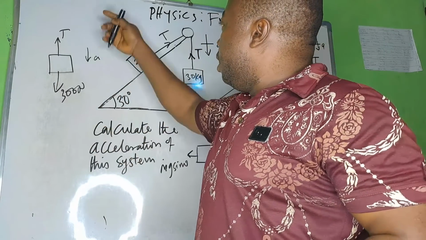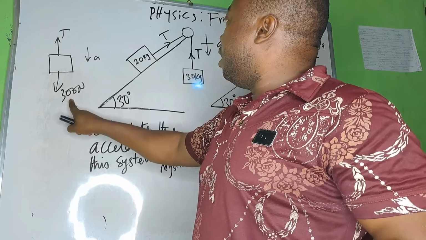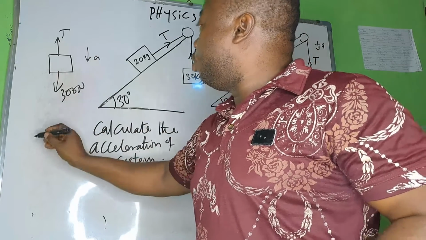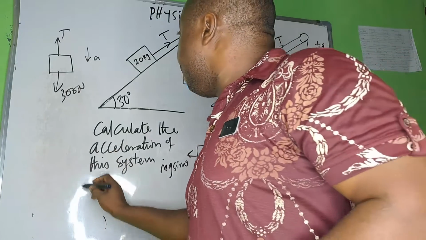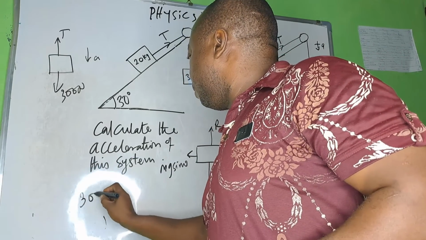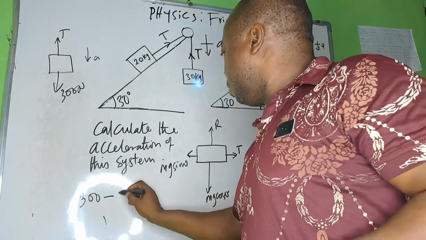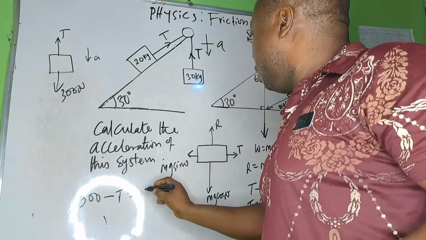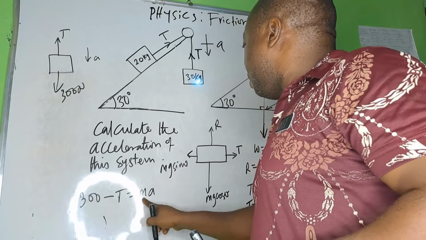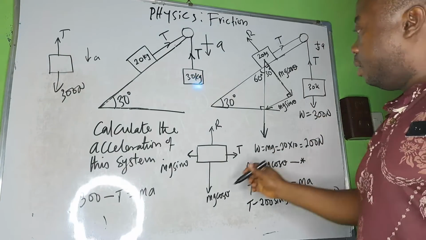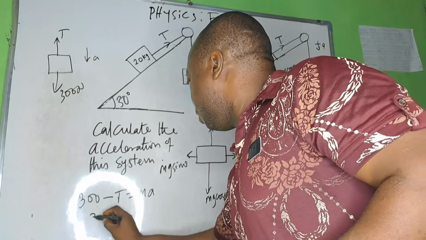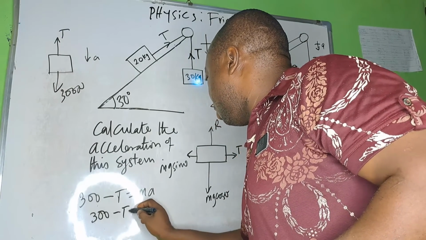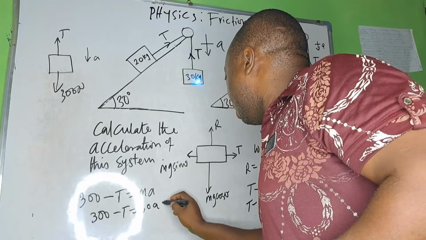So since it goes in this direction, it means that 300 Newton is more than tension. So the net force will be 300 minus tension equals MA, where M is 30 kg. So we have 300 minus T equals 30A. This is equation 2.